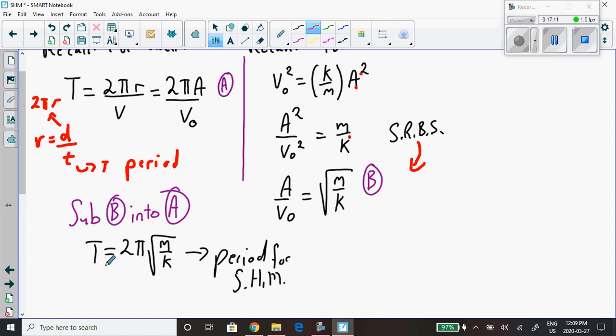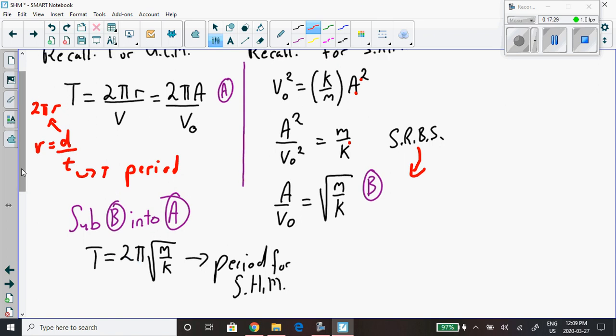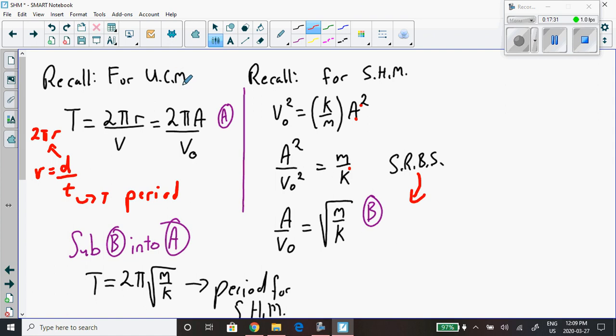So if you ever want to know the period of something undergoing simple harmonic motion, the period is equal to 2 pi root the mass of the object over the spring constant. How did we come up with this equation for the period of an object undergoing simple harmonic motion? We used our knowledge of uniform circular motion, our knowledge of simple harmonic motion, and realizing that there is this connection between them.